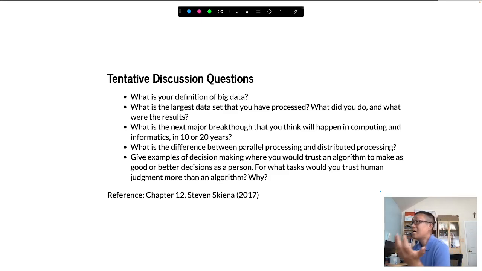For what task would you trust human judgment more than an algorithm? Why? And certainly, I know certain algorithms can be a black box. Can you trust a black box simply because it has crunched a lot of data?